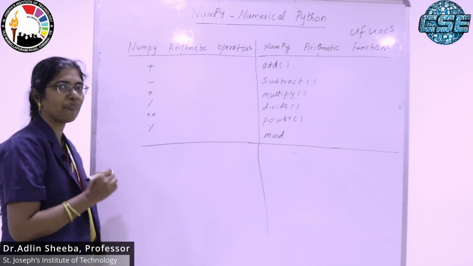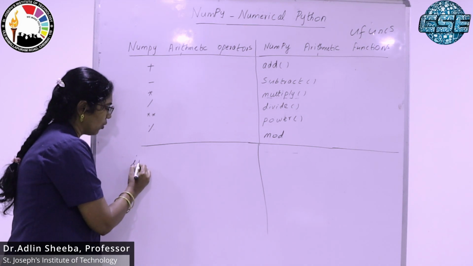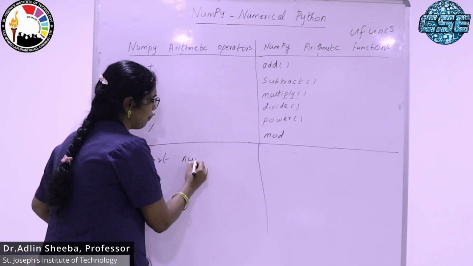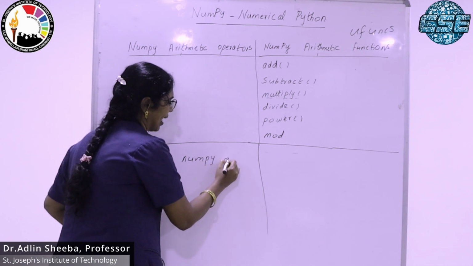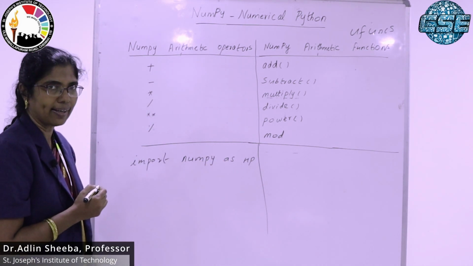To perform this, first we have to import the NumPy library. For this, we have to use the command import numpy as np. Okay. Now I am going to create an array.